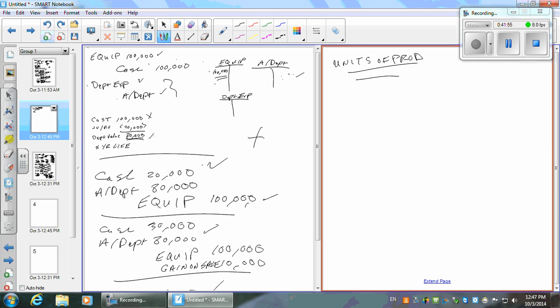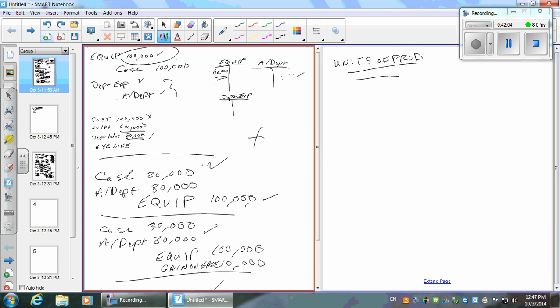Okay? So what we do is we would estimate how much we're going to use. So let's say that we have this $100,000 piece of equipment. Let's have it not be a truck now, okay? So it's a $100,000 piece of equipment, and we are going to make, I don't know, 2,000 units of product over the 5 years, right? These are real expensive pieces of inventory, I guess.